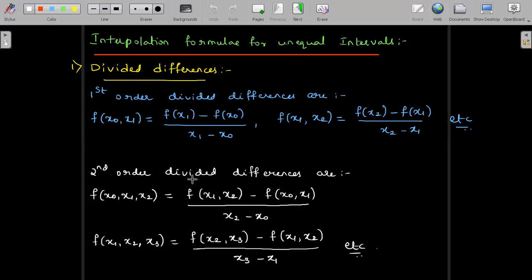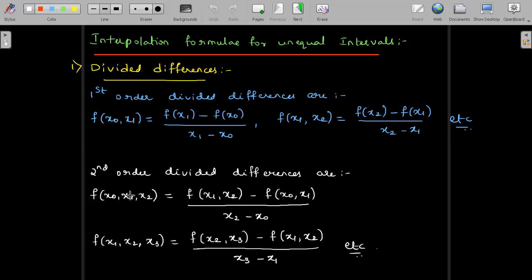Similarly, the second order divided differences are given by different notations. When we say second order, three variables are involved within f; when we say first order, two variables are involved. So f of x0, x1, x2 is given by f of x1, x2 minus f of x0, x1, the whole divided by x2 minus x0.